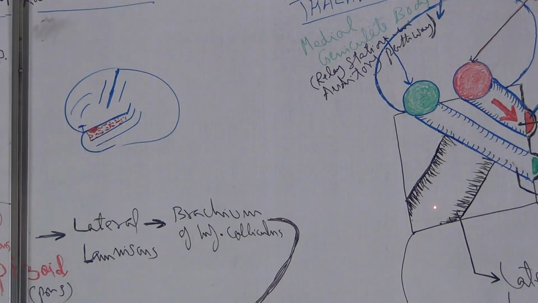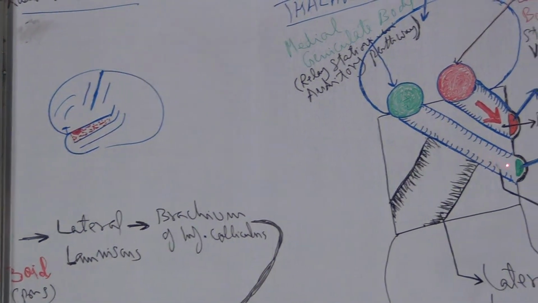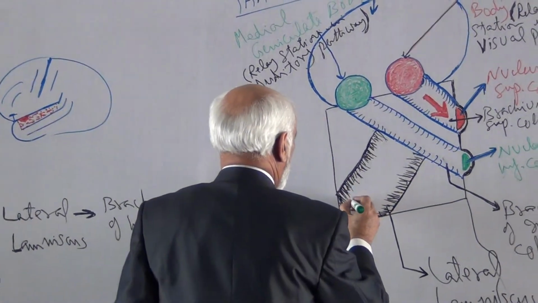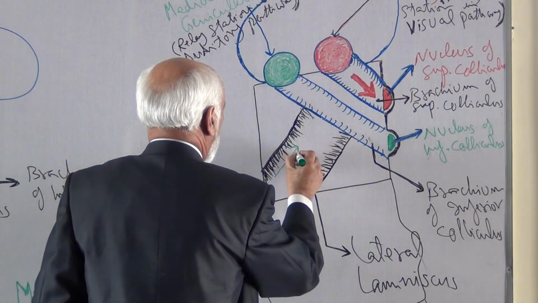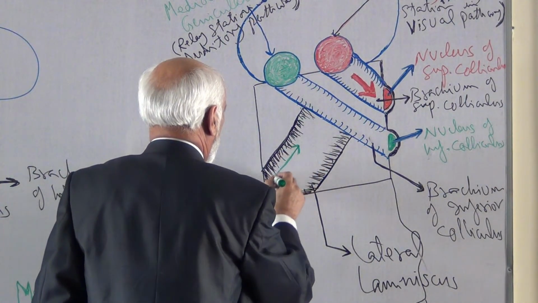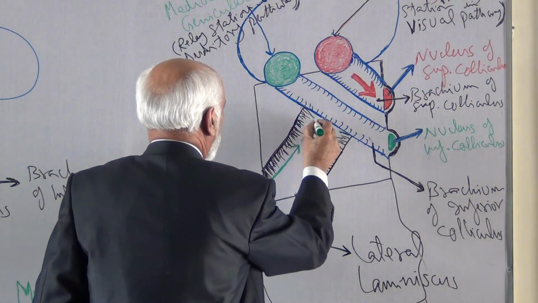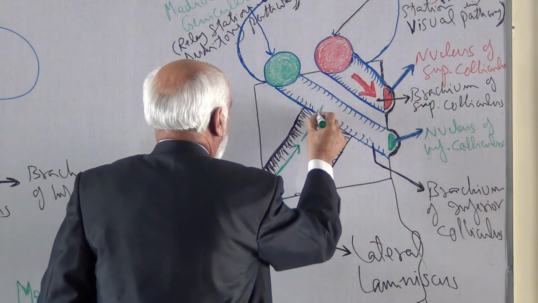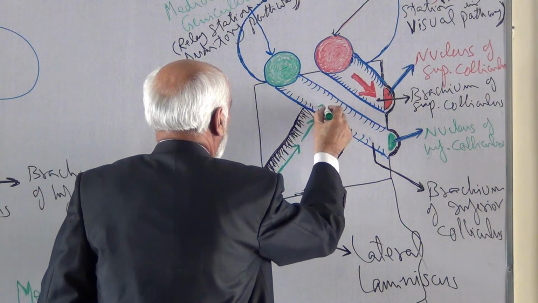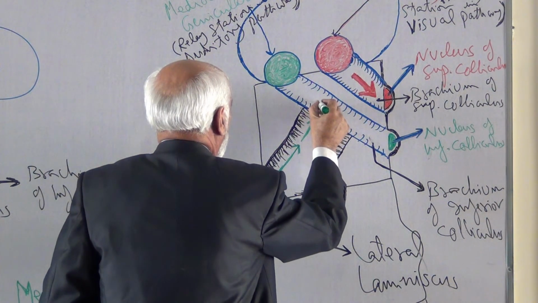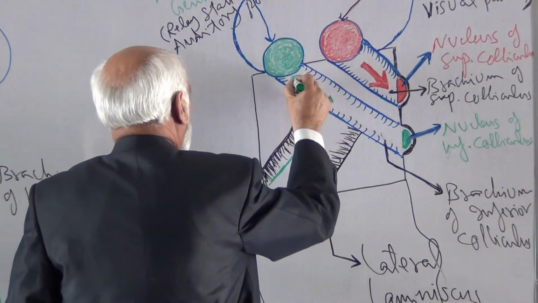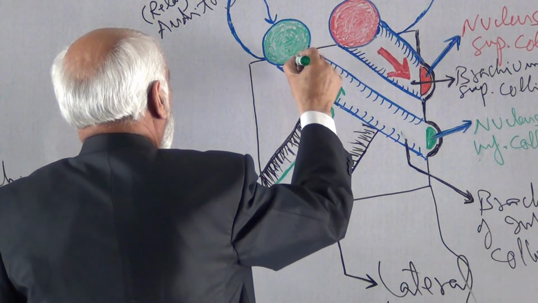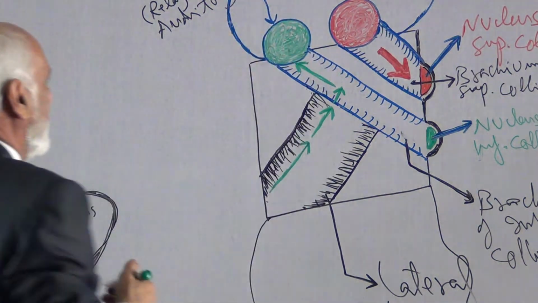This lateral lemniscus runs backwards and upwards towards the brachium of the inferior colliculus. Now, the fibers which belong to the hearing pathway, the auditory pathway, run through the lateral lemniscus, then enter the brachium of the inferior colliculus. And from the brachium of the inferior colliculus, these fibers run upwards and forwards and relay in the nucleus, and relay in the medial geniculate body.